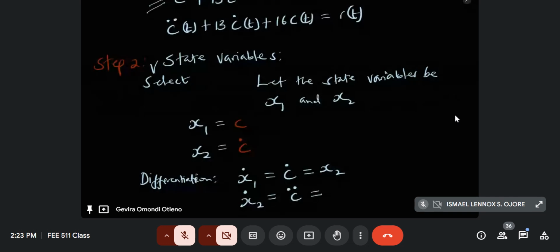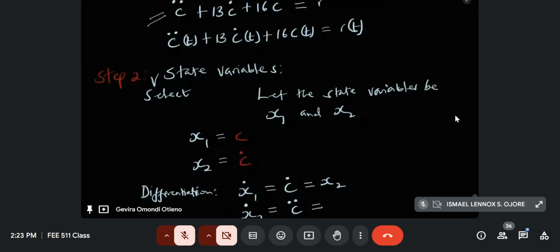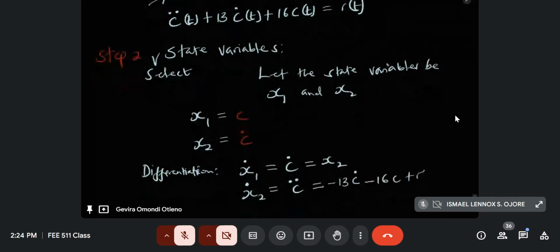Now, the double derivative of C, if we make it the subject, we are going to have minus 13 times the derivative of C, let me do it the long way so that it's visible for everyone, because I'm taking everything to the other side, minus 16 C, plus R. But remember, I'm trying to avoid the C's.